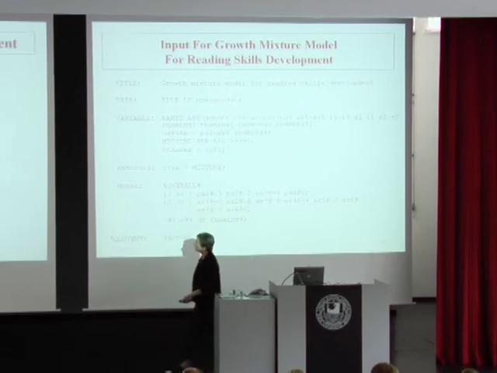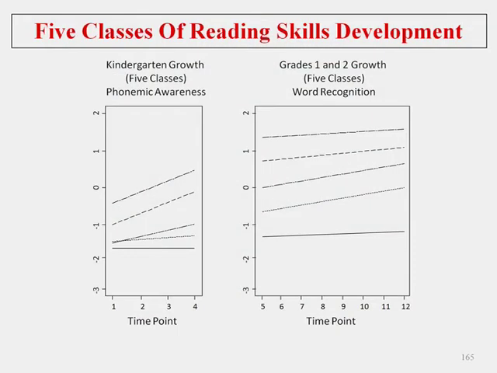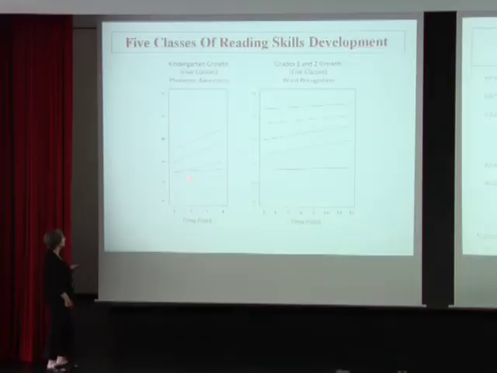Now, what came out of this were the following trajectories that we see here. So here's kindergarten growth. We have 5 classes. This is for phonemic awareness, and 5 classes for grades 1 and 2 of word recognition. So down here you see we have this very low class.